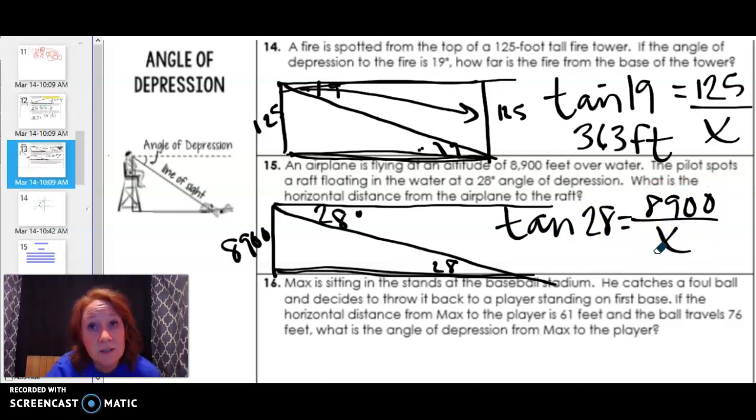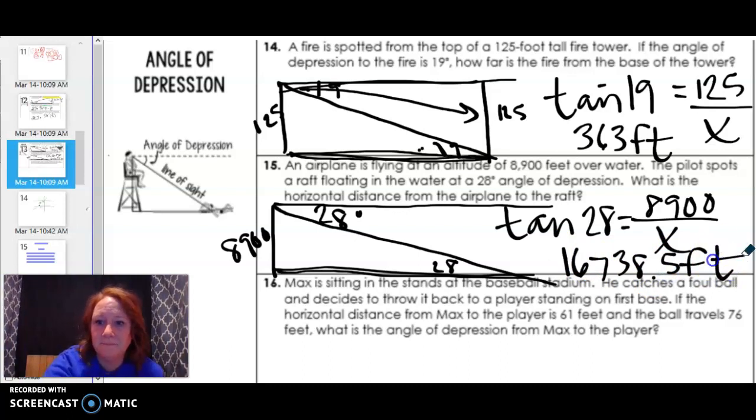So 8,900 divided by tangent of 28. Push that in your calculator. 16,738 feet and a half. If you're that many feet in the air, you wouldn't worry about half feet.